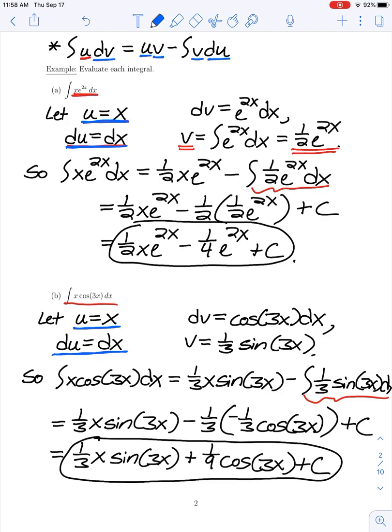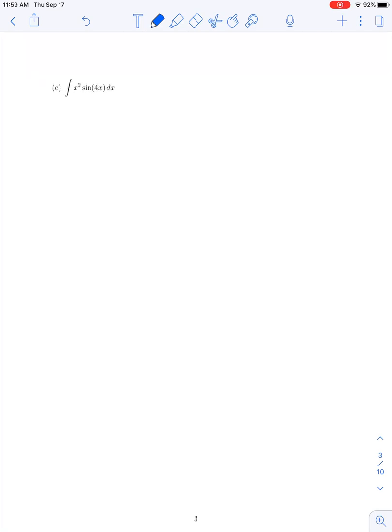So in general, we're going to try to choose u to be something that when I differentiate that expression for u, I get something that's a little easier to work with. And that allows me to get an integral which might be a little easier to evaluate than the one I started with. So let's look at some other examples.